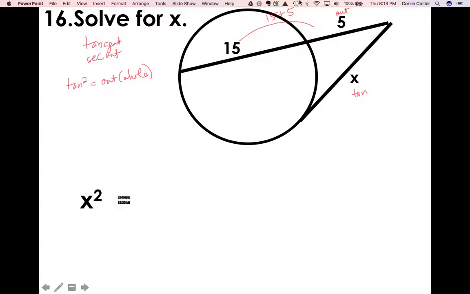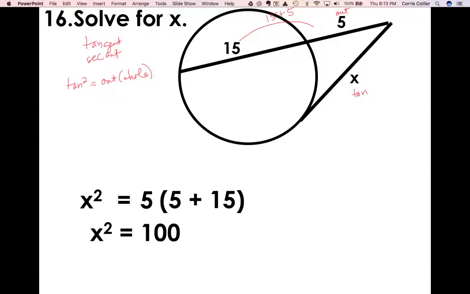So when I plug it in, look at what I get. Now, using order of operations, I end up getting x squared equals 100. And when I take the square root of both sides, I end up getting x is equal to 10.